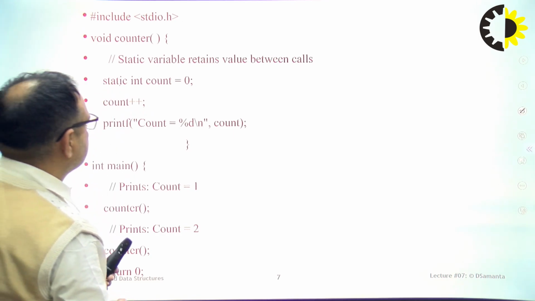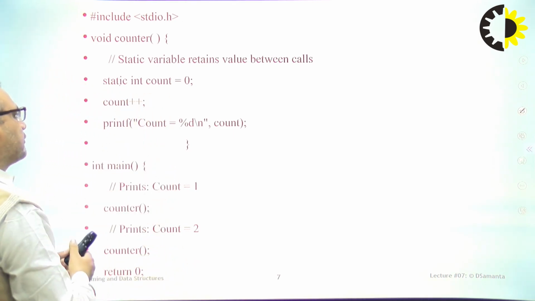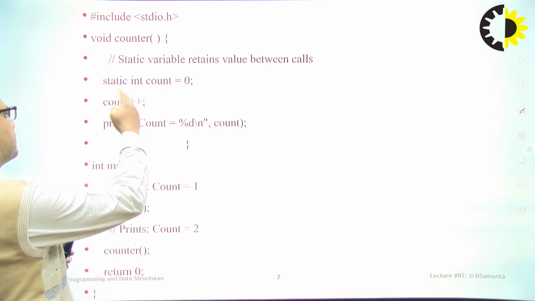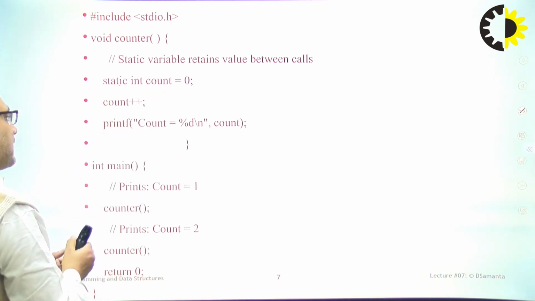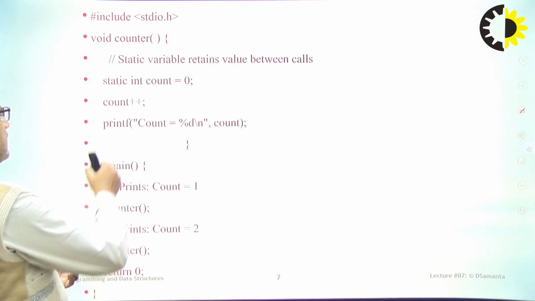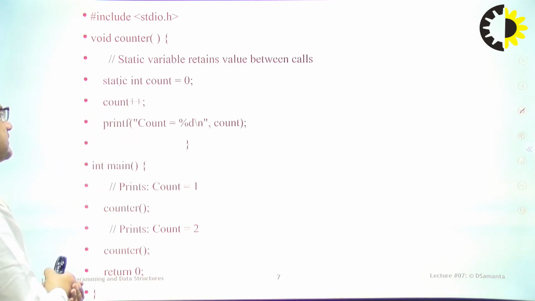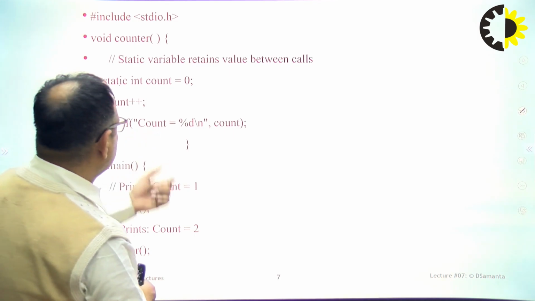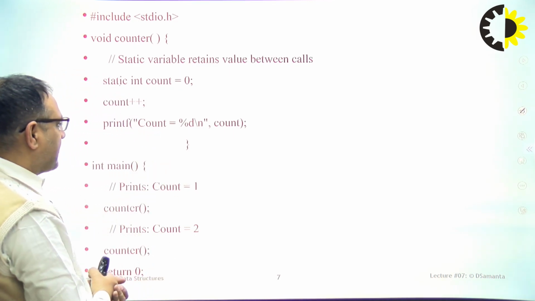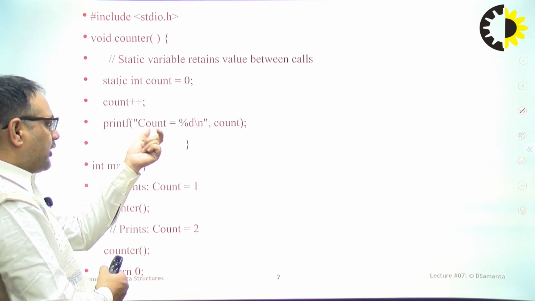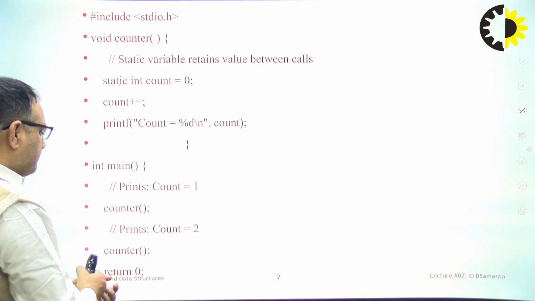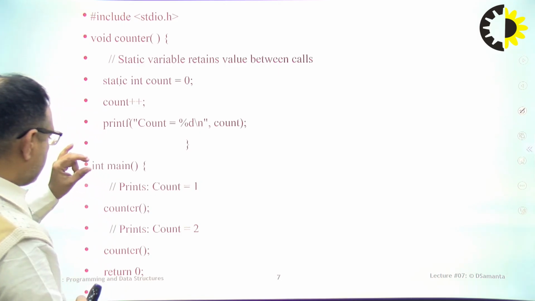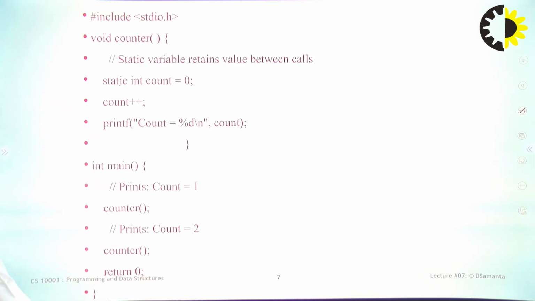That's why by default 0 is assigned to this static variable. The count will be incremented, meaning count goes from 0 to 1. printf("count = %d\n", count). So the value of count is 1, and the value 1 must be displayed on the monitor.